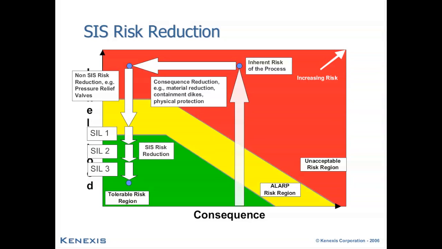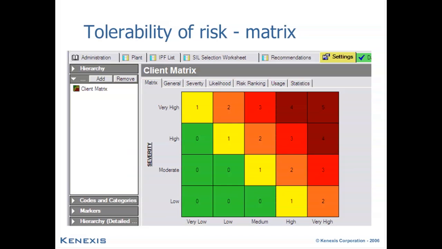In some cases, of course, the level of risk would be deemed already tolerable without the benefit of any safety instrumented function, or on the more extreme end, even a SIL 3 or a SIL 4 system may not be able by itself to achieve a tolerable level of risk, and those risk decisions would have to be confronted on a case-by-case basis.